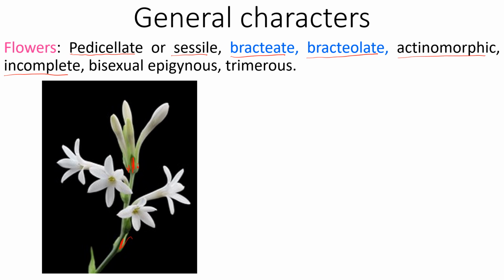Instead, only one whorl is there, and that is called perianth. So it is incomplete, but it is bisexual because androecium and gynoecium both are present. It is epigynous, which means the ovary is inferior, and the flowers show trimerous symmetry.